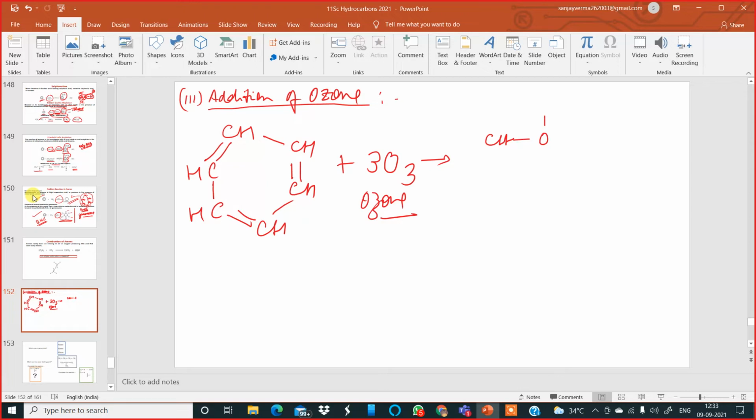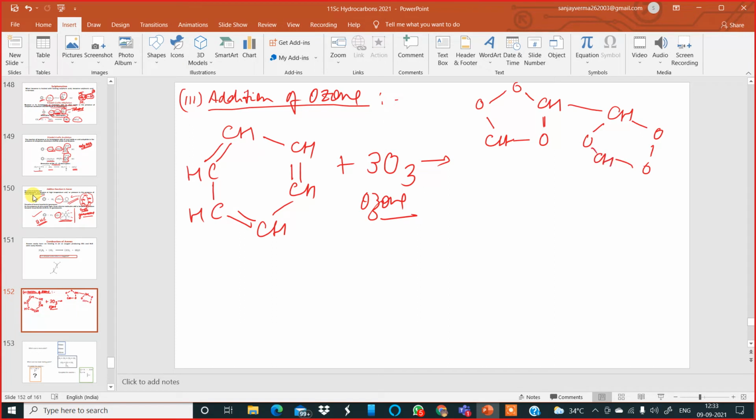Have a look at this structure. CHO, CH. Then over here there is one oxygen like this. So one ozone is fitted over there. Similarly, this single bond, again CH, over here oxygen, oxygen, oxygen, then over here again CH, and then bond over here.